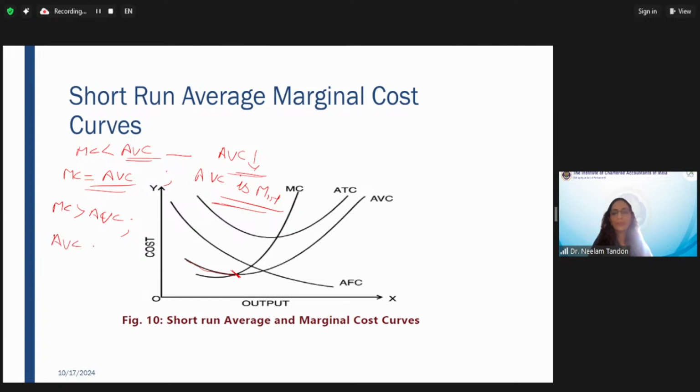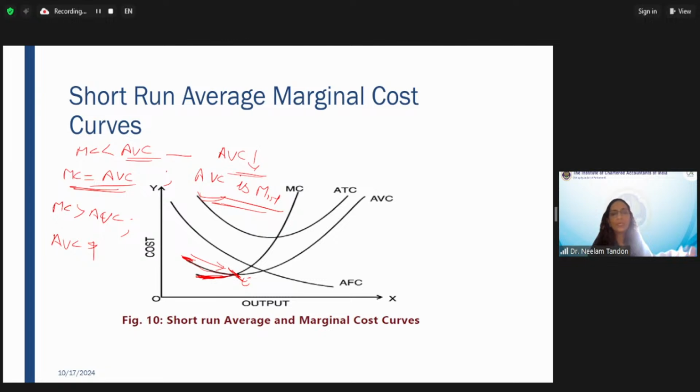AVC in this case will start increasing. That's what you see here. As long as MC is less than this one, this will decrease. How long will it decrease? Till the time AVC intersects MC. And what is this point E here? At point E, AVC is minimum, where MC is equal to AVC.